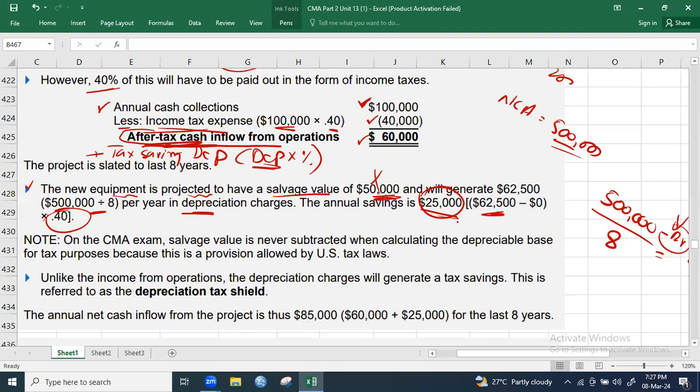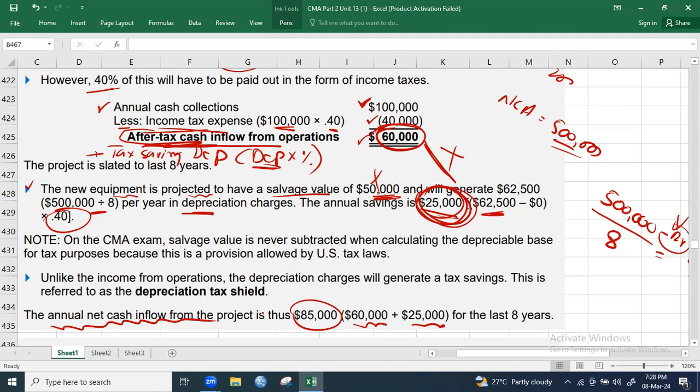And now this tax saving plus the after-tax cash inflows from operations, we will add. So this is what is called the annual cash flows. This was 60,000, for example, from year 1 onward, and this is 25,000 tax saving. If I add 60 plus 25, this is my annual net cash inflows from the project: 85,000. Understood?